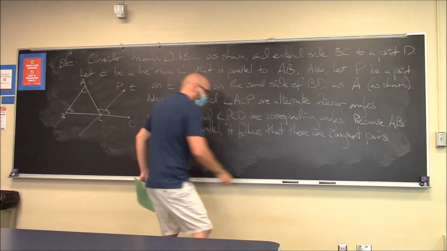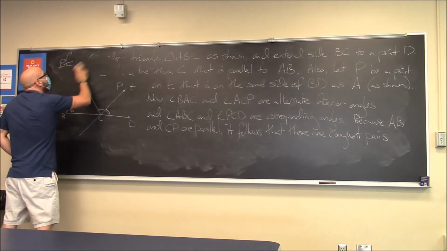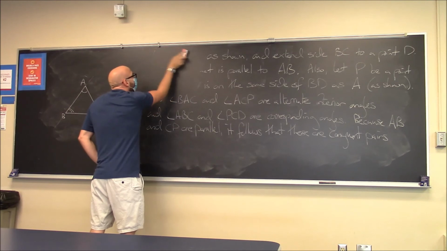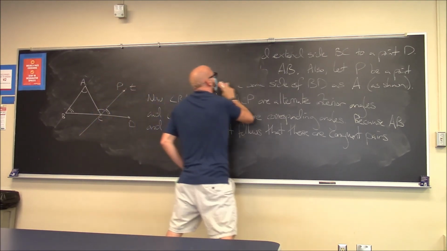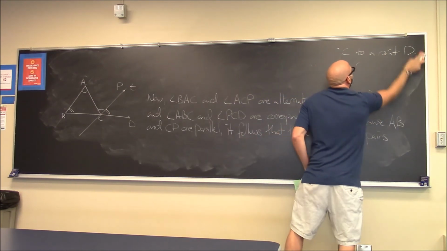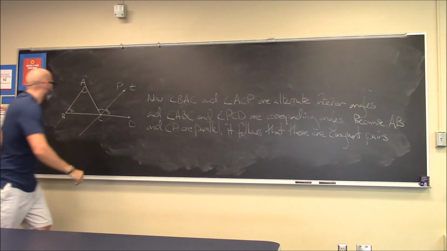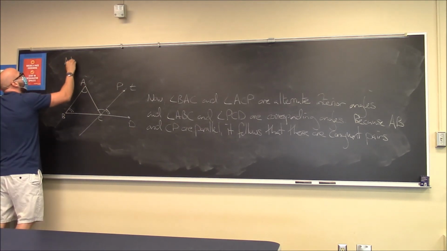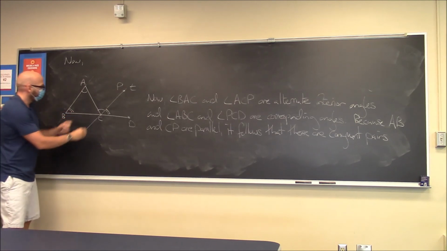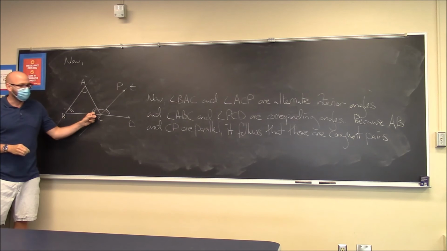And I'm running out of time here, so I'm going to wrap this up in one line that actually does the whole thing all at once, I think. I'm also running out of space, so we'll finish this up here. But now what do we have? What's the sum of those three angles? Well, they're supplementary, right?